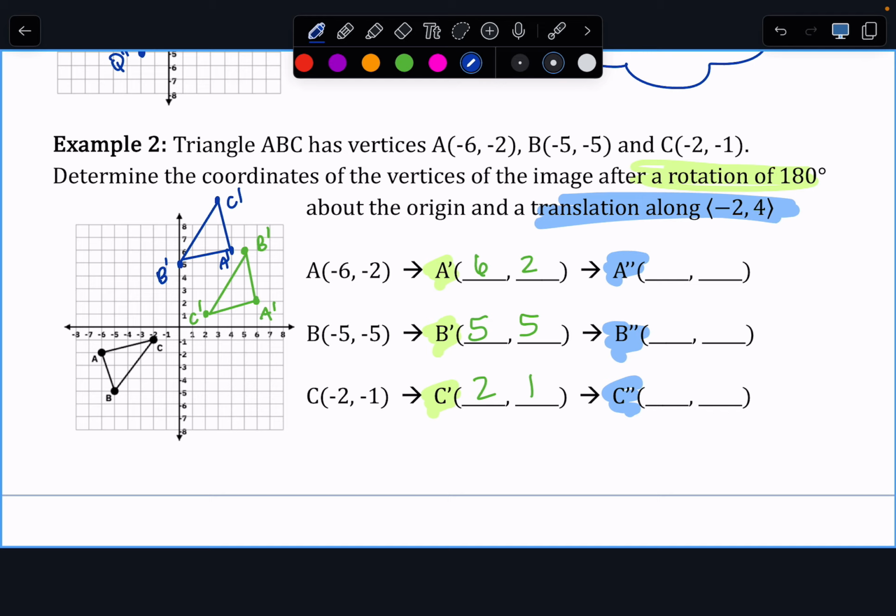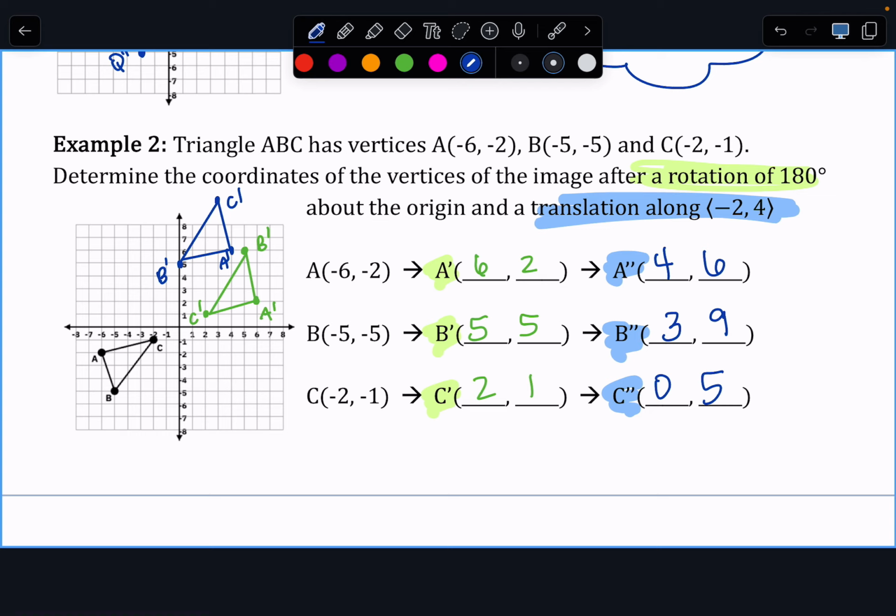So your new coordinates are... No way, I got those. (4, 6), (3, 9), and (0, 5).